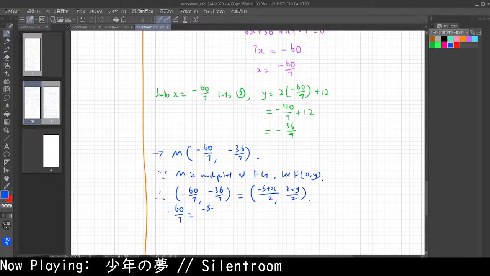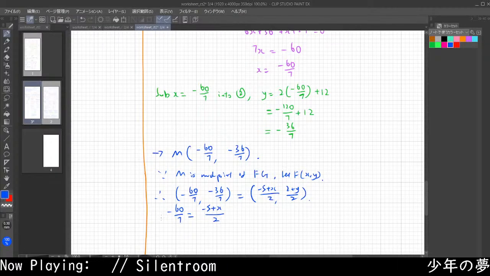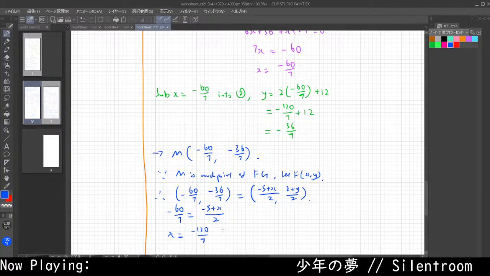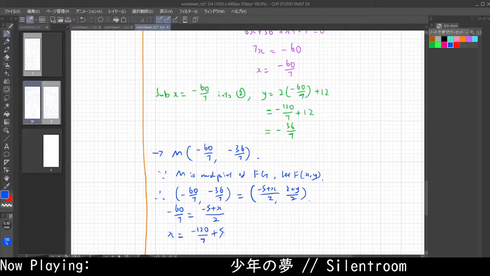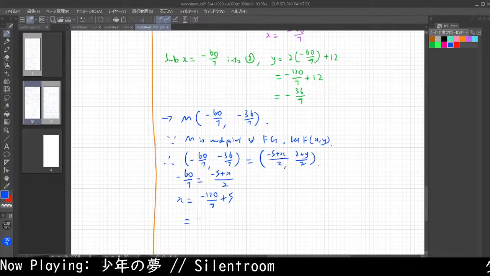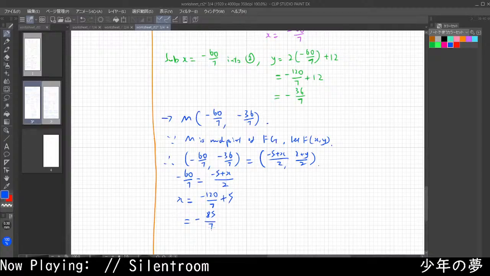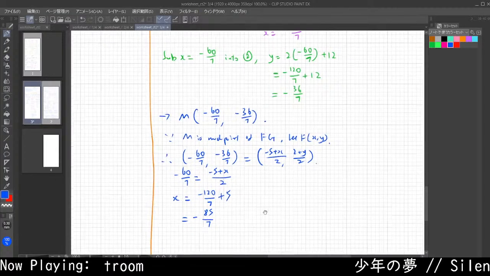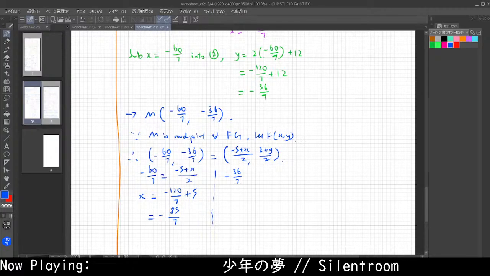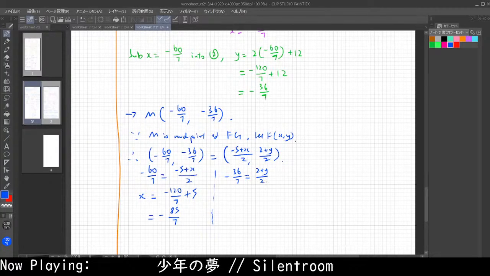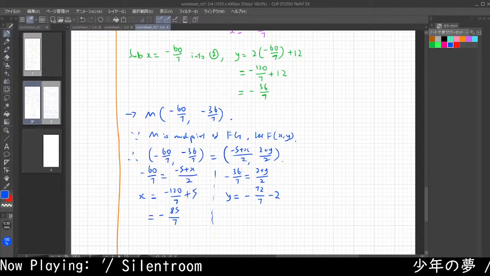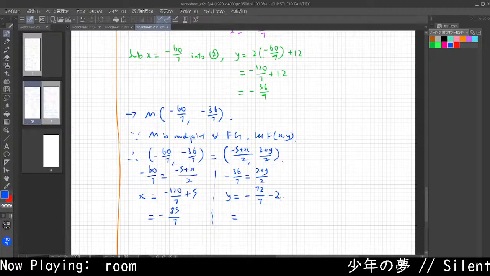Negative 60 over 7 equals negative 5 plus x over 2. Bring over. x equals negative 120 over 7 plus 5. This is 35, so add inside, negative 85 over 7.